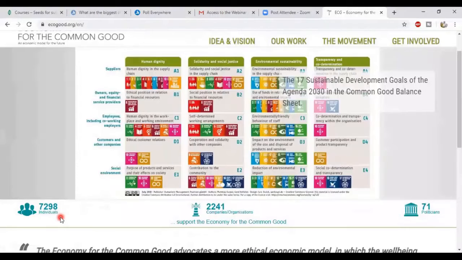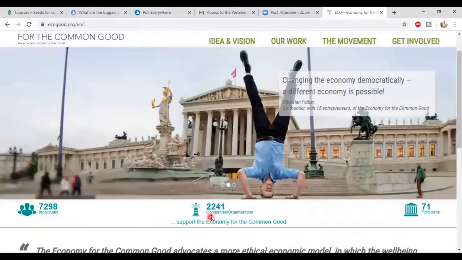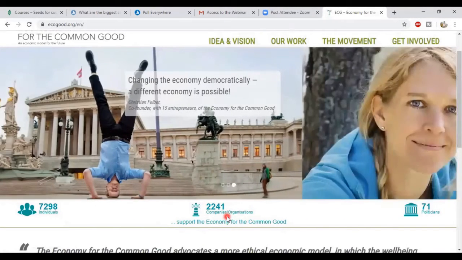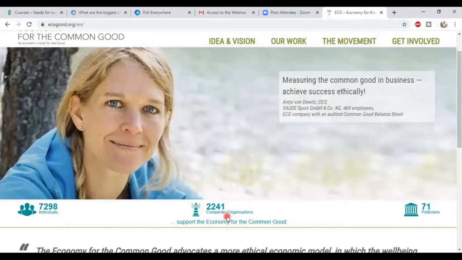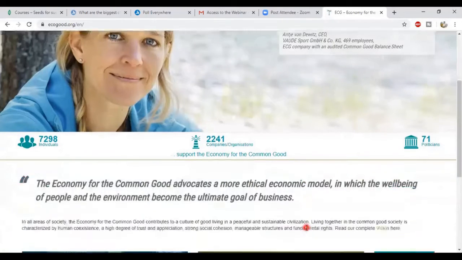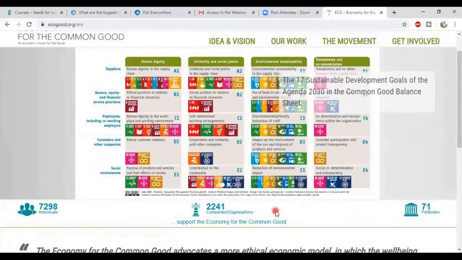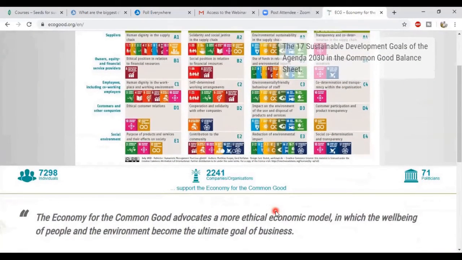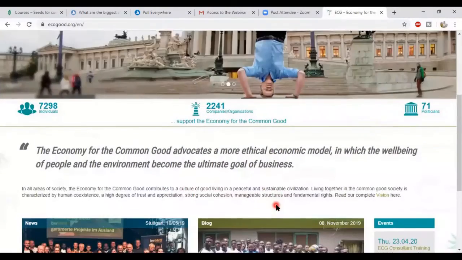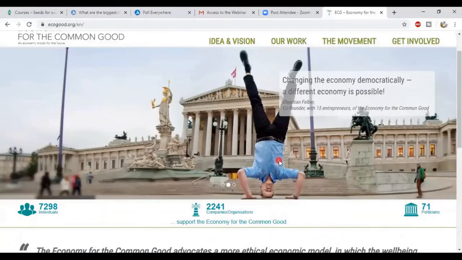You will also see that there's a certain amount of people involved already. Then we always see how many companies are already signed up. It's around 2,241 companies and organizations that support the idea, and 71 politicians. So the movement is growing. And we go into more detail about some best practice cases. We see here Christian Felber doing a handstand, turning the world upside down.